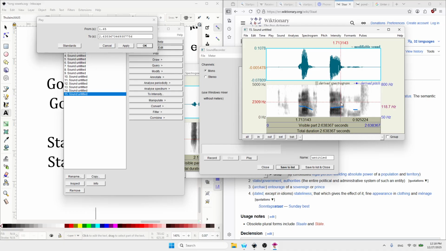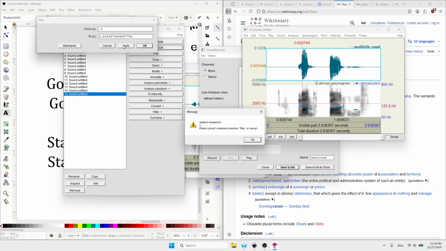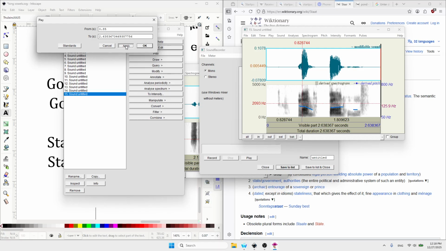So again, I'd say that's a distinction of about 1.5, and let's go to 0.8. Mann, Bahnhof. Slightly later. Mann, Bahn.